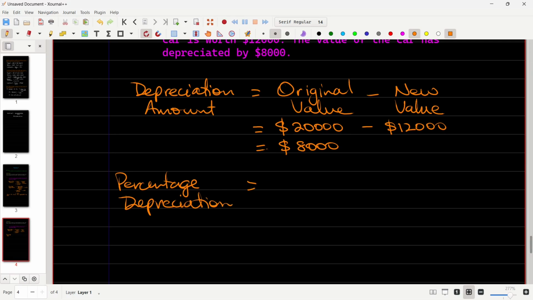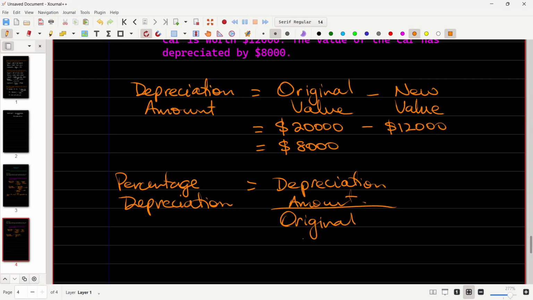So the percentage depreciation would be equivalent to the depreciation amount divided by the original value, times 100%.